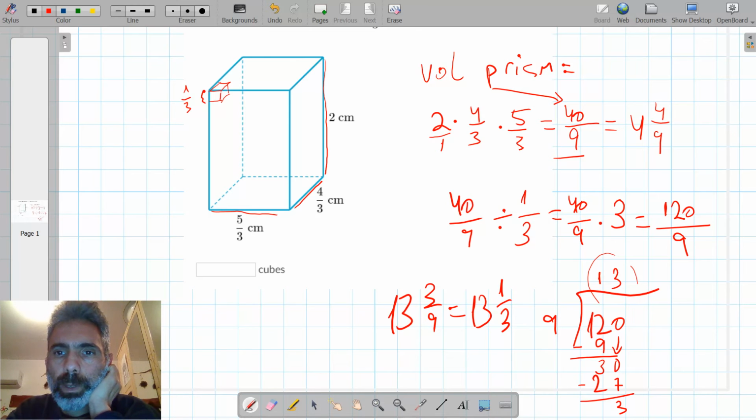Let's see if I got the volume right. 2 times 4/3 times 5/3. 2 times 4, 8. 8 times 5 is 40. 40/9 divided by 1/3, like 40/9 times 3. 40 times 3. Okay.